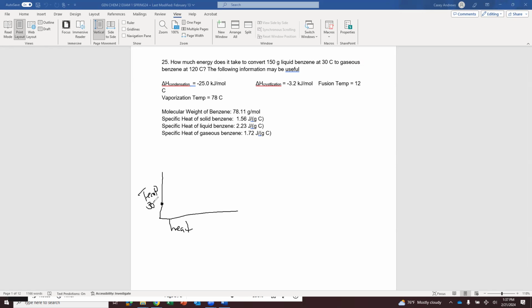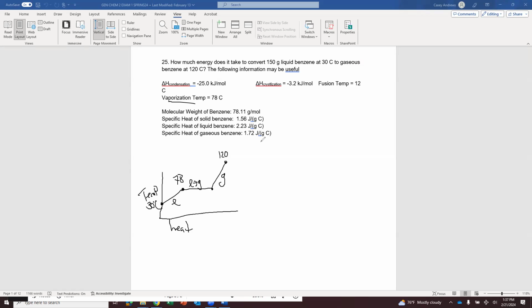We start at 30 C, and we're going to raise our temperature until we hit the vaporization point, which is 78. So we go till we hit 78. Once we're at 78, we do a phase change, so no temperature change. Then once we're done with our phase change, we're a gas, so we go up to 120. So liquid, here we're going from liquid to gas, and gas.